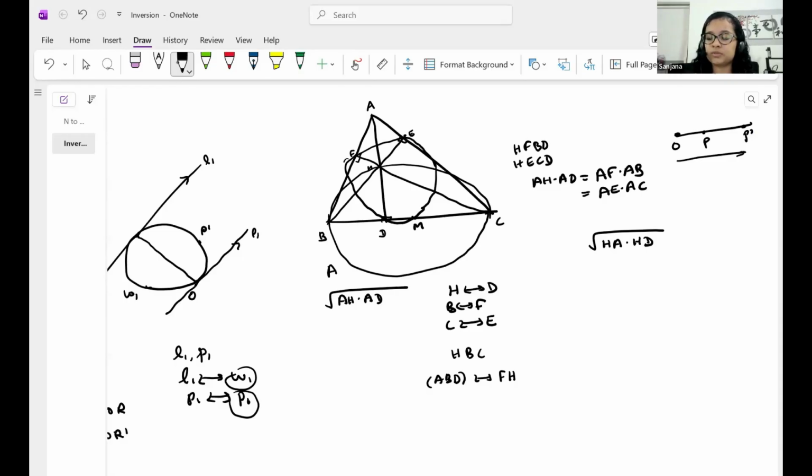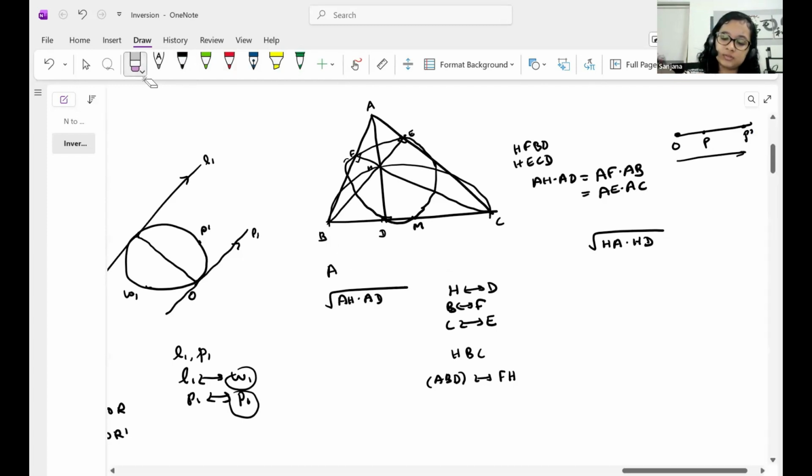So when you do this for the orthocenter case, does anybody notice any nice things apart from the obvious one, which is A swaps with D? Similarly, what else do we know will swap?